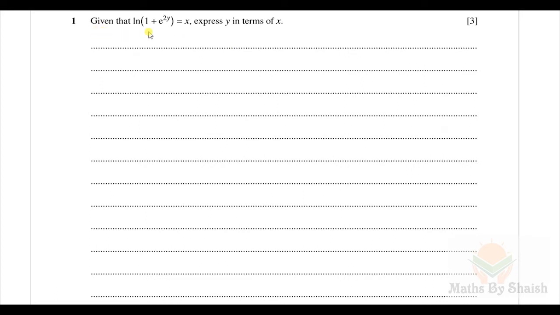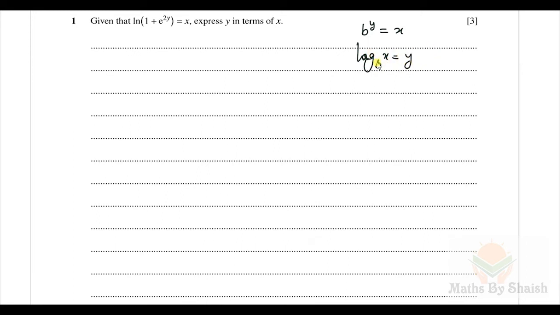Given that ln(1 + e^(2y)) is equal to x, express y in terms of x. So we are going to use the basic definition of ln. We know that if b raised to the power y is equal to x, it means log base b of x is equal to y.